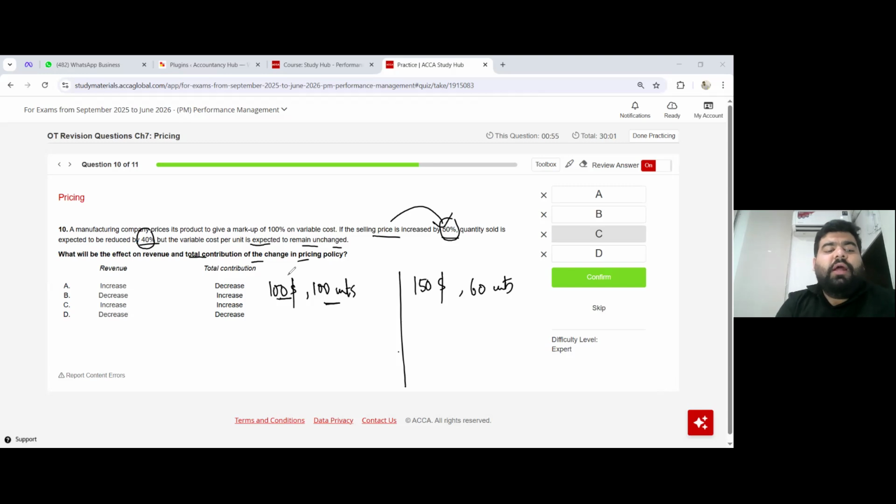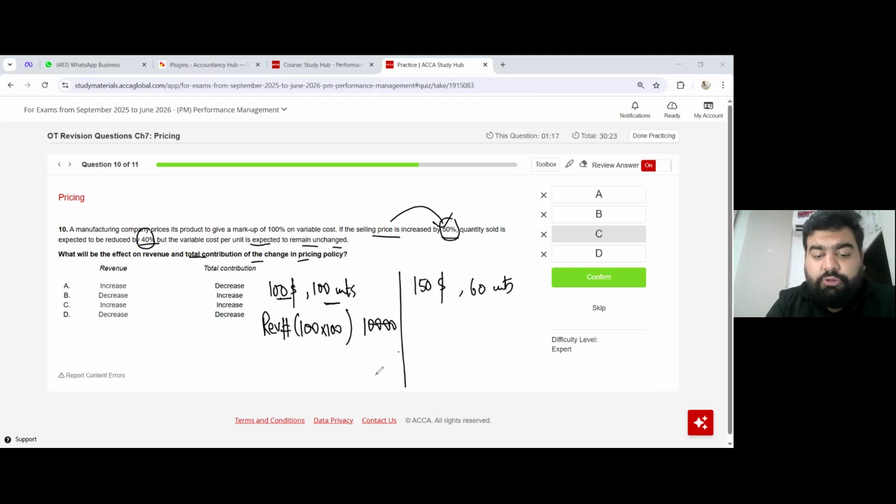Now they are asking what will be the effect on revenue and contribution. Let us calculate that. In the old case, 100 units into a selling price of 100, revenue will be 10,000.